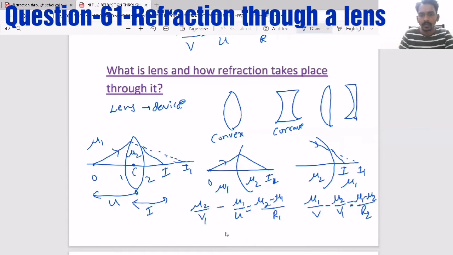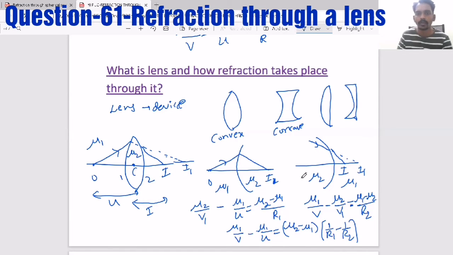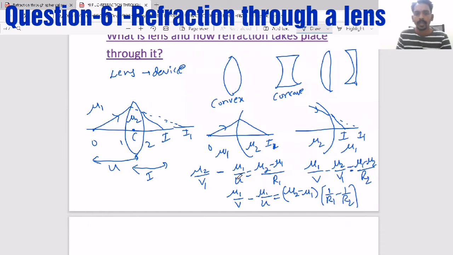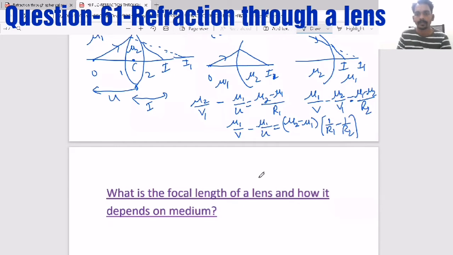Now if you combine these two equations, you will get mu1 by V minus mu1 by U equals mu2 minus mu1 times 1 by R1 minus 1 by R2. So this is the formula for refraction through a lens.